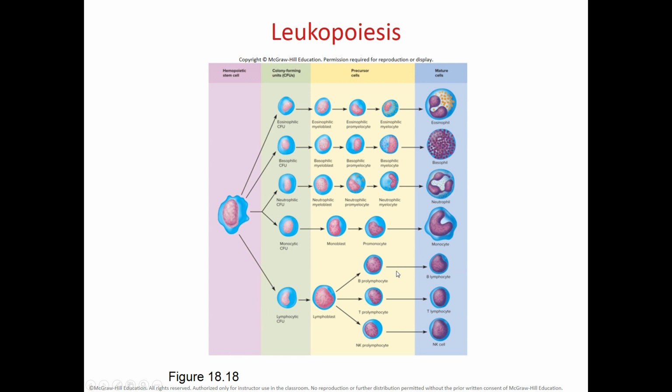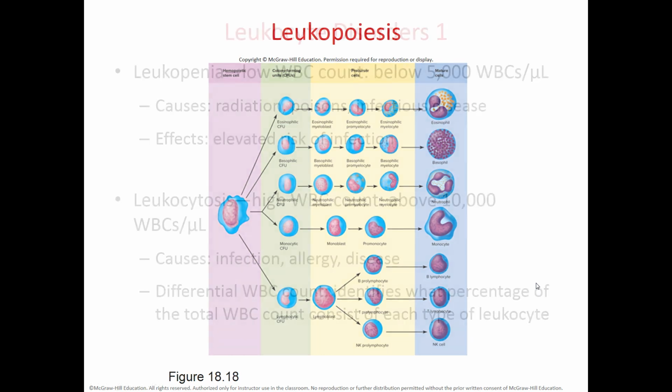Okay, so you have B lymphocytes, T lymphocytes, and NK cells, and all of these monocytes, neutrophils, basophils, and eosinophils, which will form all together the white blood cells or leukocytes.